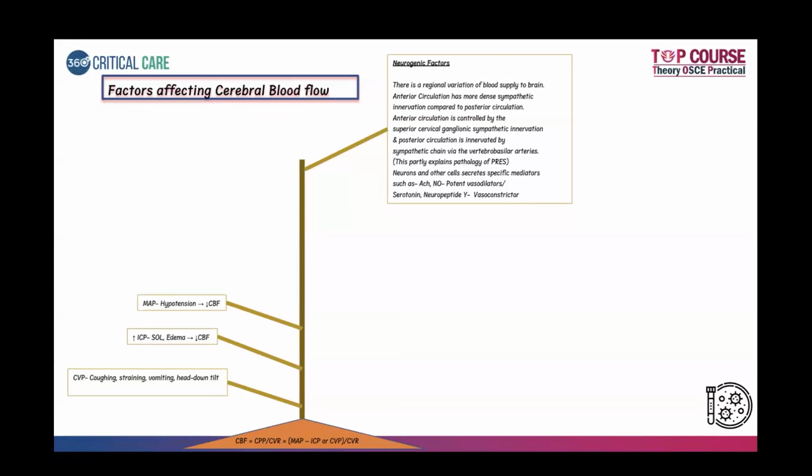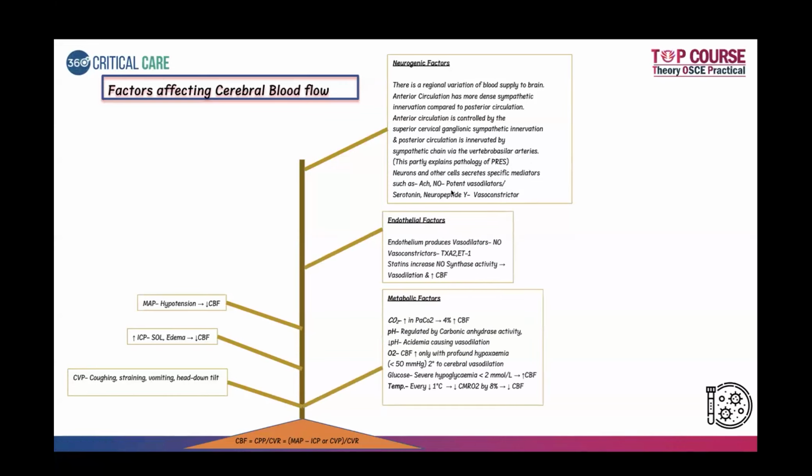Any injury to the brain can cause disruption of those neurons, and then they can secrete these metabolic substances that can cause direct or indirect effects on the blood flow to the brain. So those are the neurogenic factors that govern the cerebral blood flow.